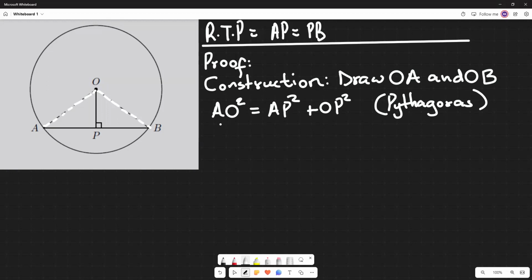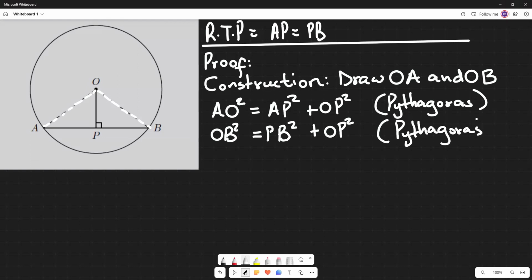And then you can see that also OB squared, which is the hypotenuse for this other right angle triangle, is the same as PB squared plus OP squared, which also is Pythagoras.